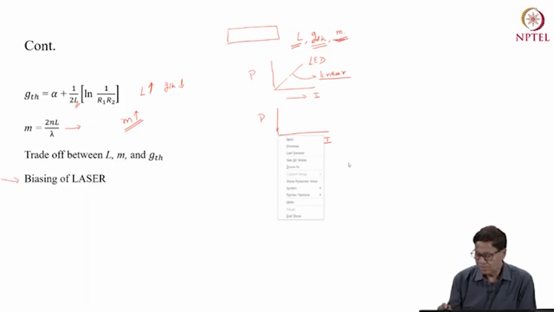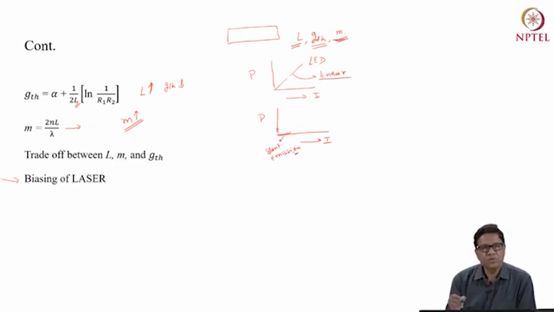So spontaneous emission may be happening in the device. It may be acting for some time when there is a small amount of current. There will be very little power, which is actually, this is a spontaneous region. The population inversion has not occurred till this point, spontaneous emission.